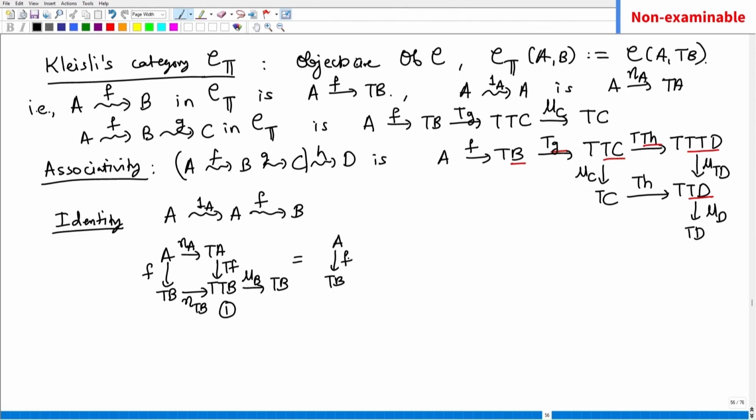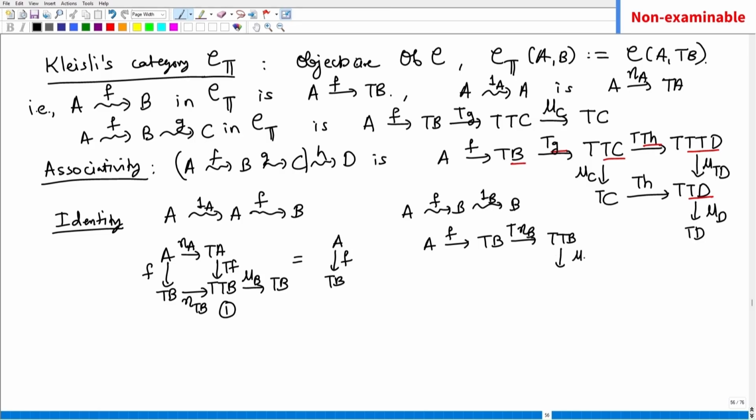Okay, this is one-sided identity. The other side identity is also interesting. So that is B. I mean, that's easy actually. 1 sub B. What is this composition? It's just A to TB. And this is F. Then from TB to TTB, we will have T eta.